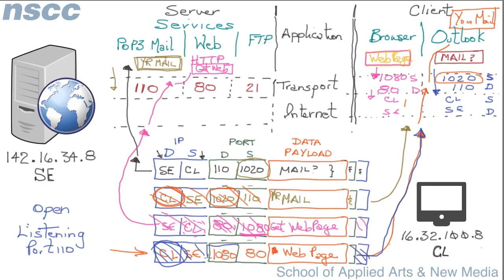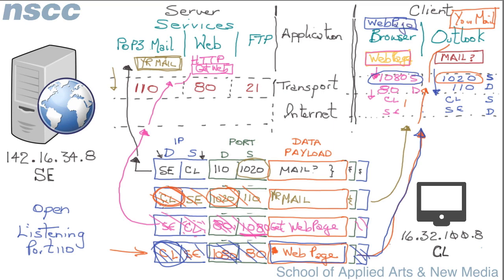The destination is 1080, and 1080 was remembered by the software as being registered by the browser. So this gets stripped off, and this information gets passed to the browser, which is the actual web page, and that gets displayed in your browser.